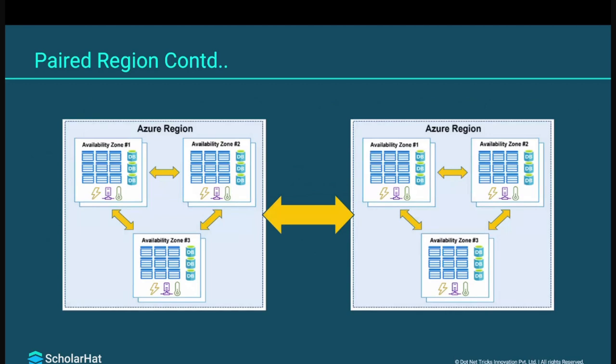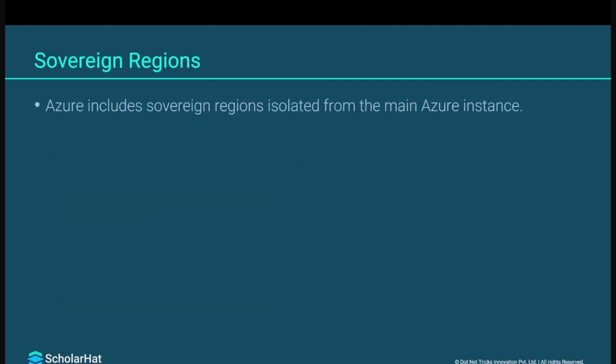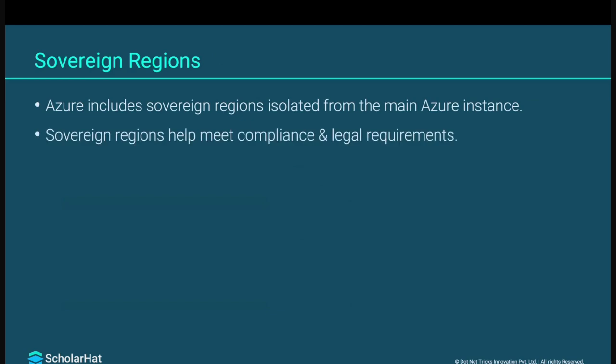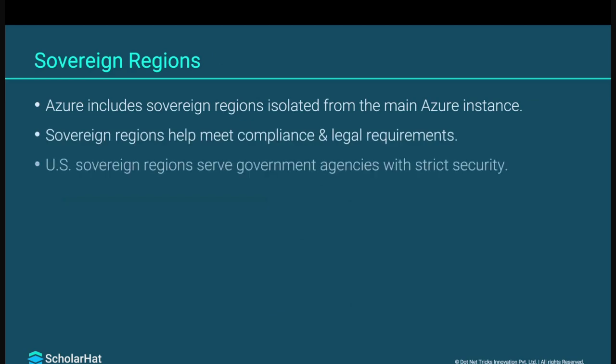Now, this is how the pairing would look like. So, what are sovereign regions? Sovereign regions are dedicated regions for government and other agencies who don't want to share resources with the public. For the US government alone, they have dedicated regions.